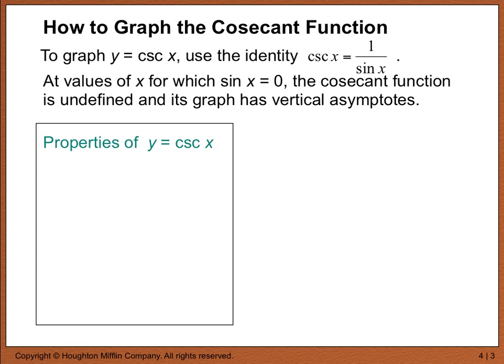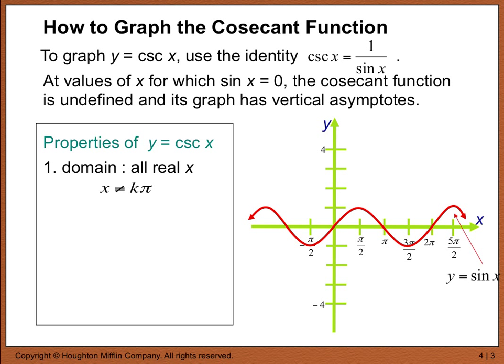Properties of y equals cosecant x. Domain all real x such that x is not equal to k pi. This is what the parent sine function looks like, and that's always a point of reference when we graph the corresponding cosecant function.